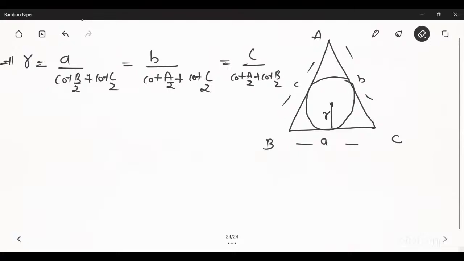Now the next concept is of the exradius. Suppose that was your triangle.